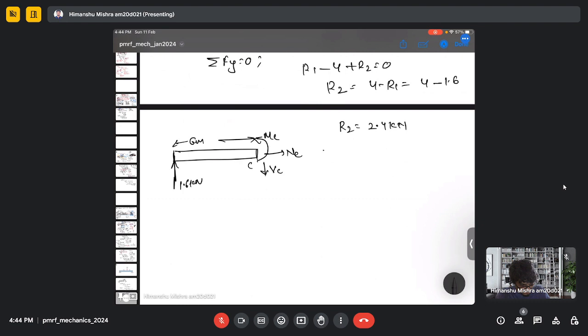So if we do the force balance analysis in this part, we will have HC equals 0, and for the vertical one, we will have 1.6 minus VC equal to 0. So VC will be 1.6 kilonewton.